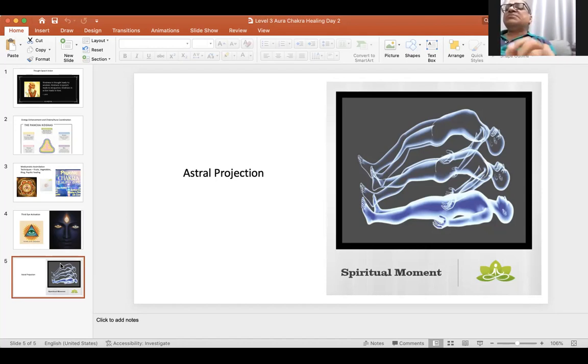What is astral projection? Suppose I give you a simple layman's explanation. Astral projection happens when your third eye is activated to a larger extent, because your consciousness becomes more sharpened, as I had mentioned in simple terms. When it gets more sharpened, what happens? You are able to experience as if you are traveling somewhere.